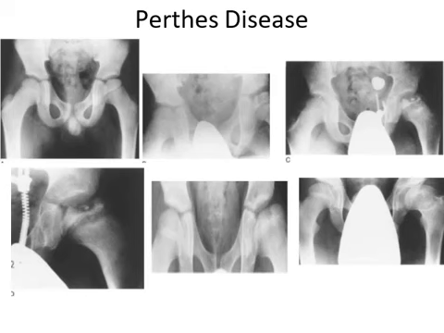Perthes disease is a disease that affects the hips in growing age, in which the blood supply of the hip is reduced, and by this reduction of the blood supply to the head, there is a collapse and shortening, and by this the gait can change to a limping gait as well.